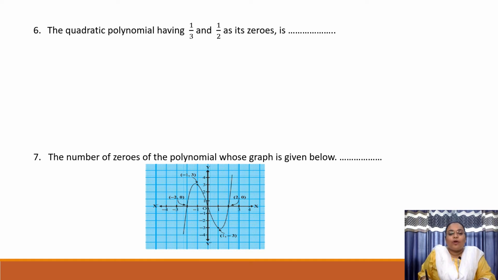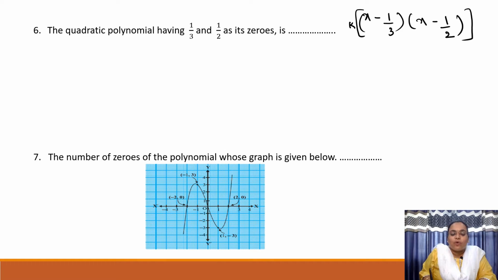The quadratic polynomial having 1 by 3 and 1 by 2 as its zeros is. So 1 by 3 and 1 by 2 are the zeros. What will be the factors? x minus 1 by 3 and x minus 1 by 2 multiplied with a constant. What will be the quadratic polynomial? Just multiply it. x square minus x by 3 minus x by 2 plus 1 by 6.